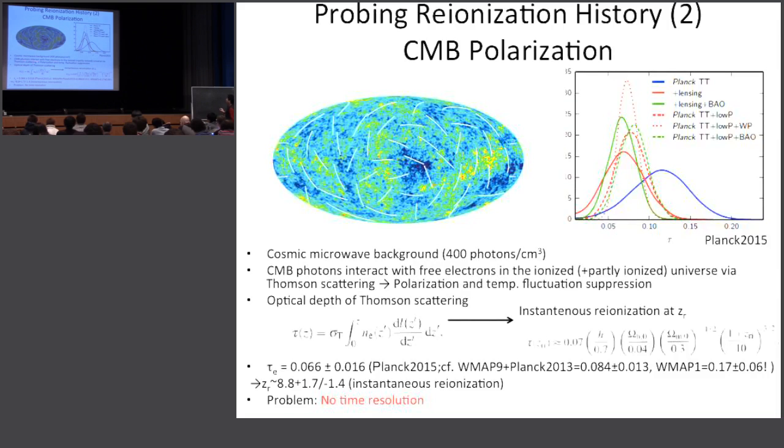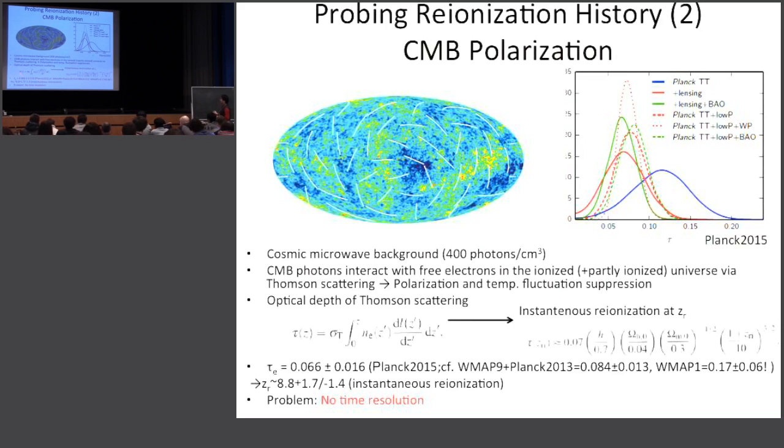So using these pieces of information, you can derive the optical depth of the Thomson scattering of the CMB photons. And then once you determine the optical depth, naively, optical depth doesn't have spatial information. So it's just one dimension.